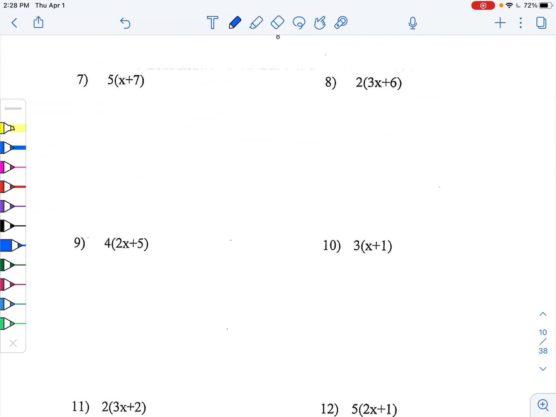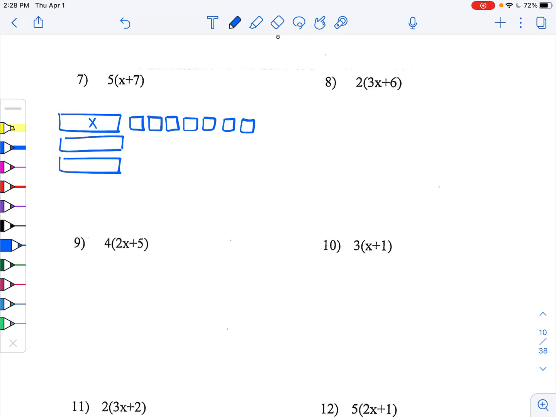All right, number 7. In the parentheses, I have x plus 7. So I have x, and I have 1, 2, 3, 4, 5, 6, 7. And I have that 5 times. I have 5 groups. We're going to have to do a lot of drawing.